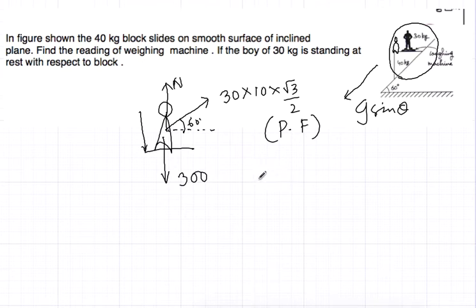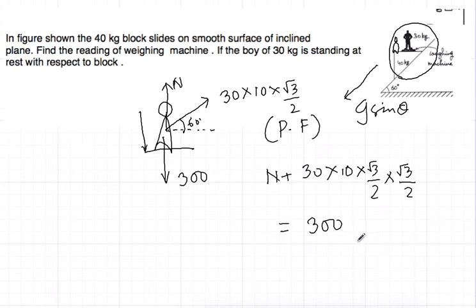So what you'll get: N plus the component of this force along this, which is again sin 60 degrees, that means 30 into 10 into root 3 by 2 into sin 60 degrees. Sin 60 degrees is again root 3 by 2, must be equal to 300.